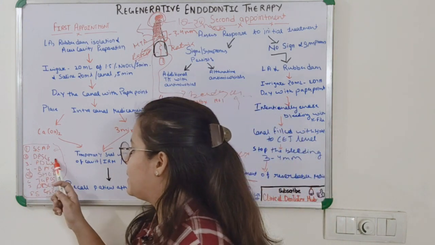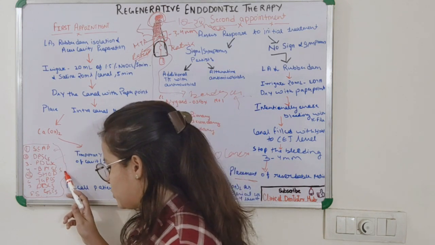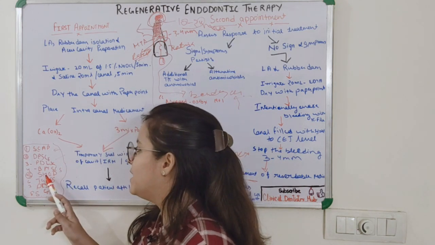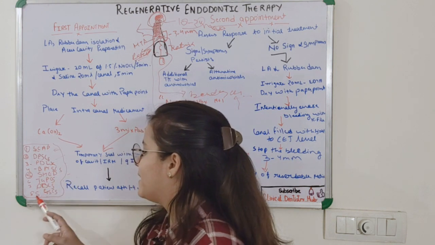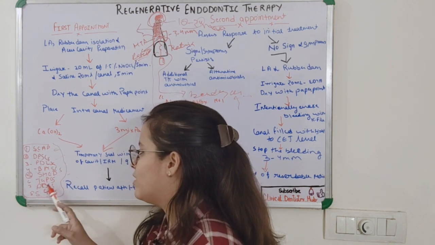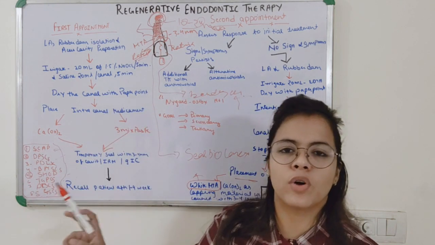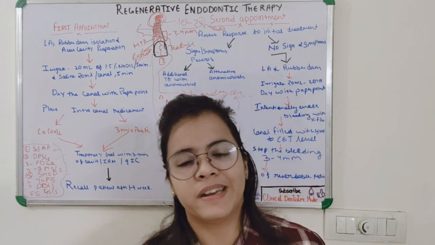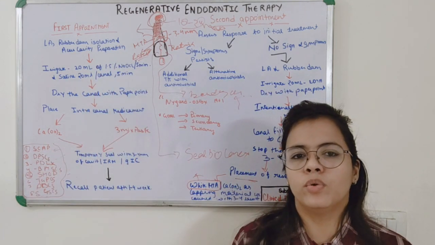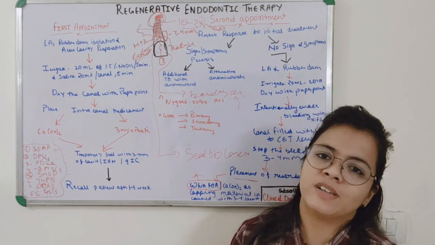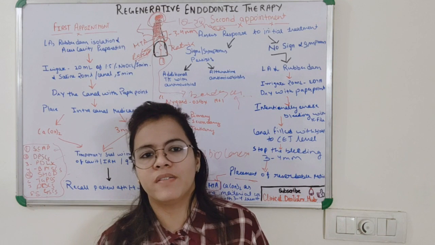Then we have dental pulp cells, periodontal ligament cells, bone morphogenic cells, bone marrow cells, then the stem cells from exfoliated human deciduous teeth, and then salivary gland cells, dental follicle cells, and tooth germ progenitor cells. So these cells also initiate regenerative endodontics, but this was all the clinical procedure that you have to do when you are thinking of going for regenerative endodontics in your cases. So this was all about regenerative endodontics.